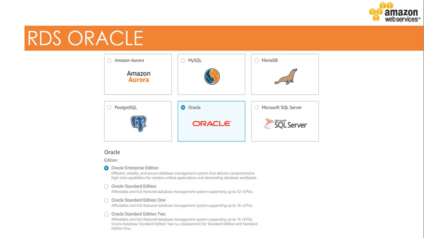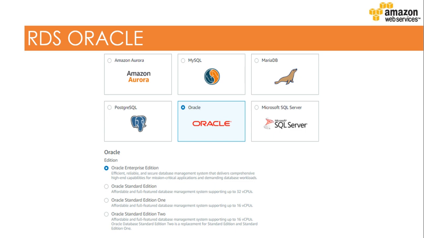Next, we have commercial databases like Oracle and Microsoft SQL Server. In Oracle, we have different editions: Oracle Enterprise Edition, Oracle Standard Edition, Standard Edition 1, and Standard Edition 2, with different sets of 32 CPUs and memory and so forth.